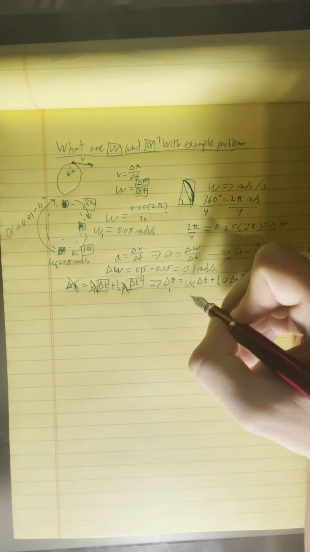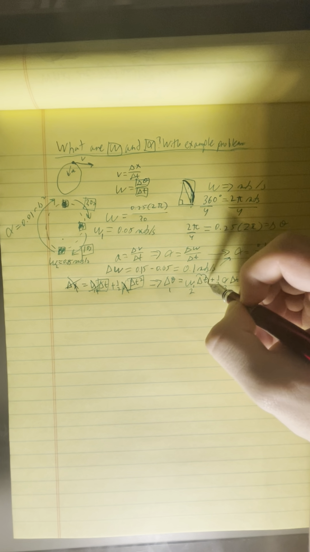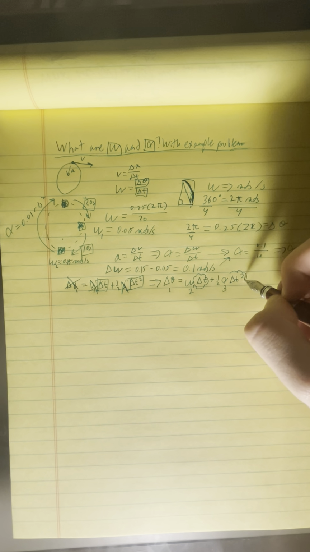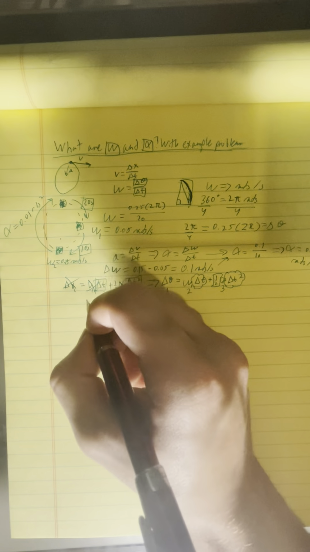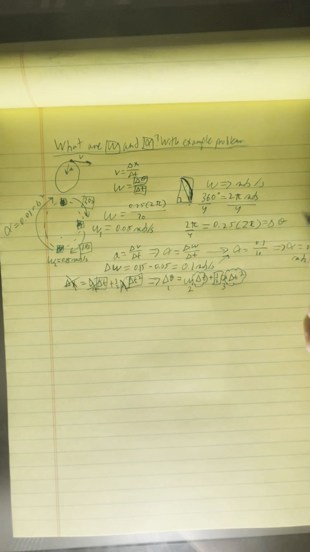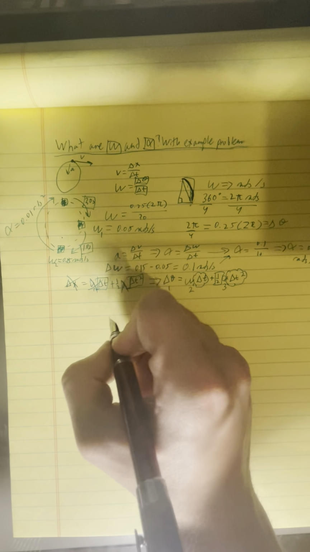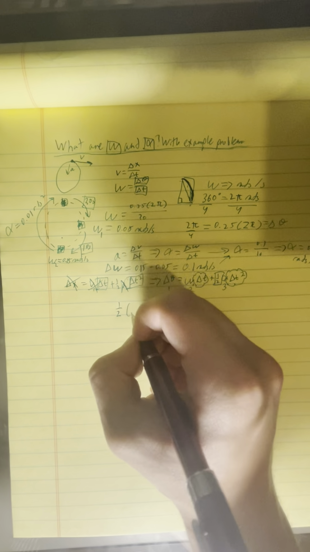We have 1, 2, 3 of these, and we solve for these two. And 1/2 just stays as 1/2. So now let's solve for it. We know that angular acceleration is equal to 0.01 radians per second squared. So I'm going to start off from the right because I'm feeling like it.